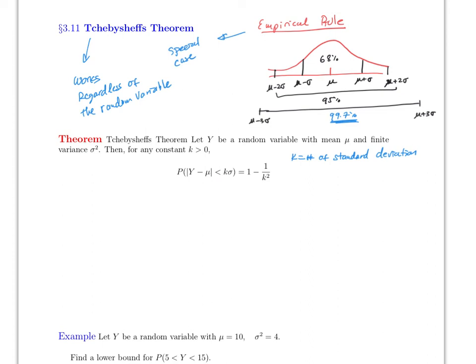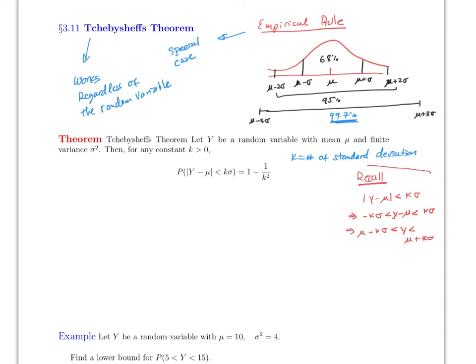Now recall from basic algebra, and I don't mean abstract algebra, that if you have the absolute value of y minus mu less than k sigma, this is the same thing as minus k sigma less than y minus mu less than k sigma, or mu minus k sigma less than y less than mu plus k sigma.